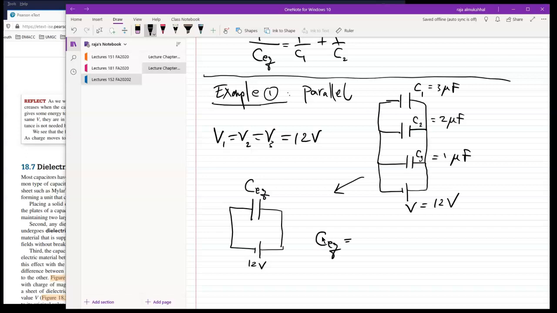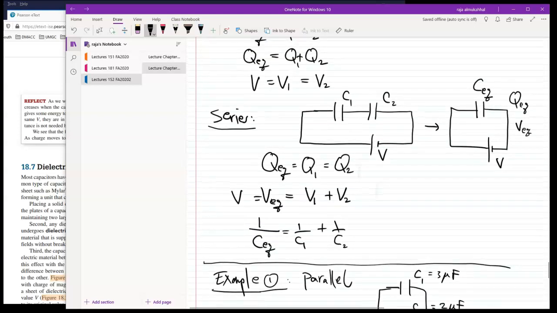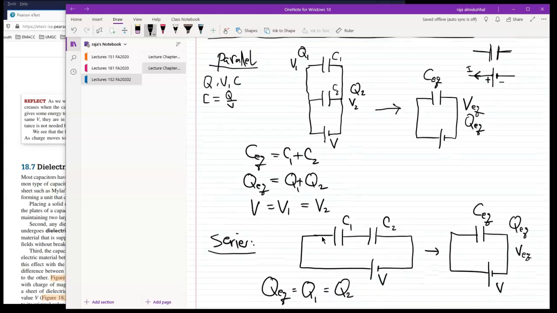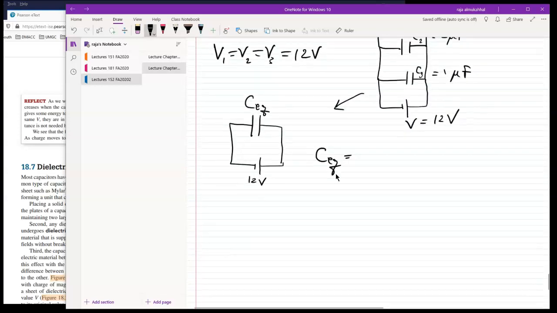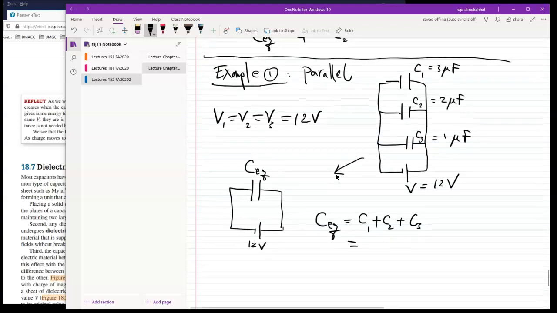So what is C sub EQ equal to? Again, go back to the formula. You simply add them up together. C1 plus C2 plus C3. So C equivalent is going to be C1 plus C2 plus C3, and that's equal to, looking at the diagram, 1 plus 2 plus 3 microfarad.